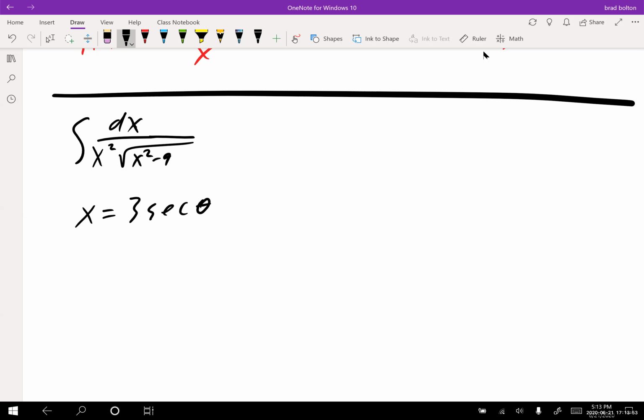From now on, for this particular problem, x is worth 3 secant theta. Well, if x is worth 3 secant theta, then I need to find a way to write dx in terms of theta. So I'm going to find dx, the derivative of 3 secant theta, and again, we're just doing what we always do in all of these problems.